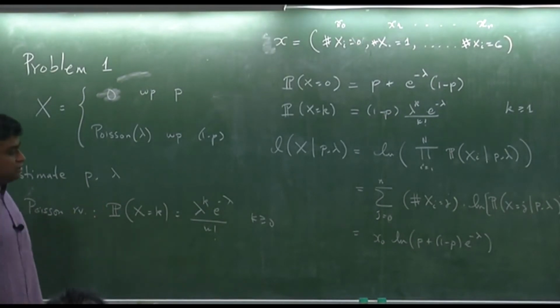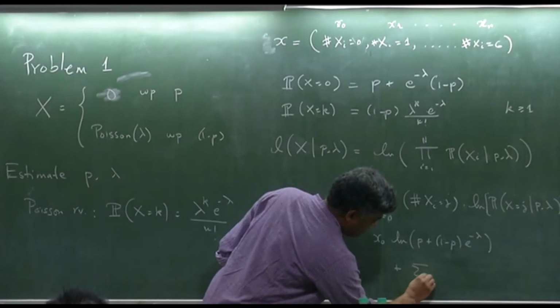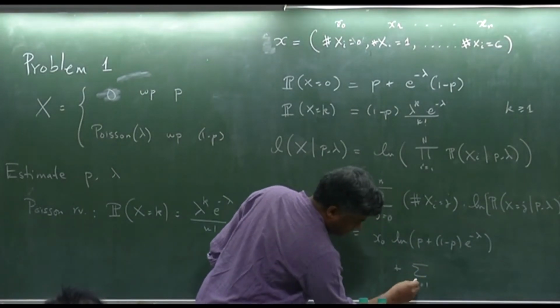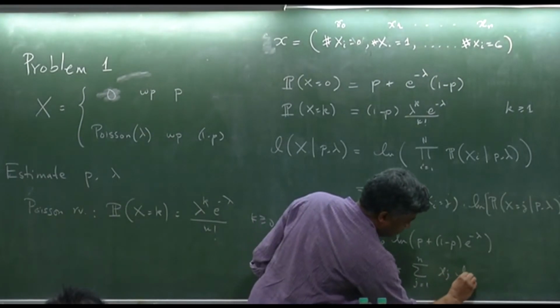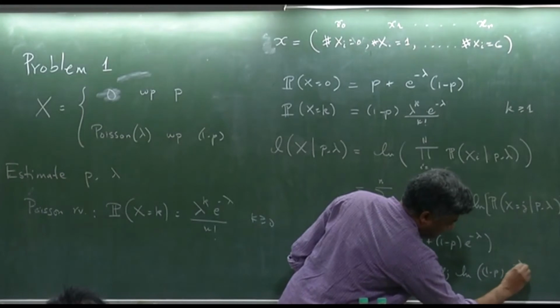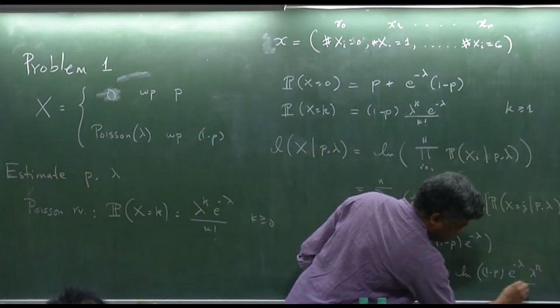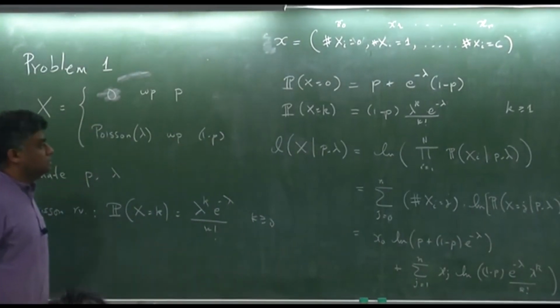Right, so that's for the first one. Plus the summation of j going from 1 through n of xj times log of (1 minus p) e to the minus lambda, lambda to the k over k factorial.